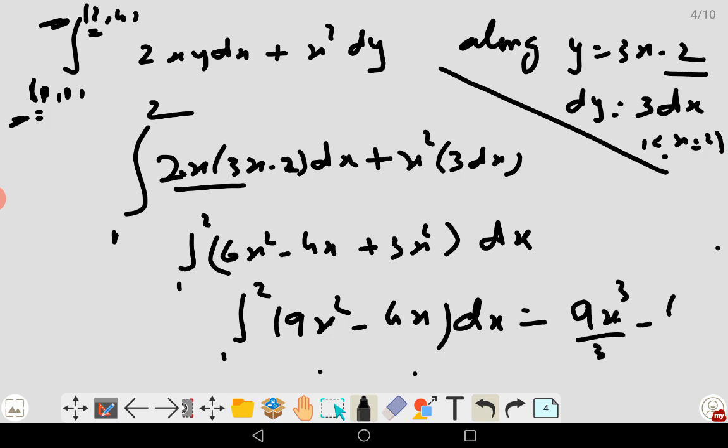You will get 9x cube over 3 minus 4x square over 2 from 1 to 2.